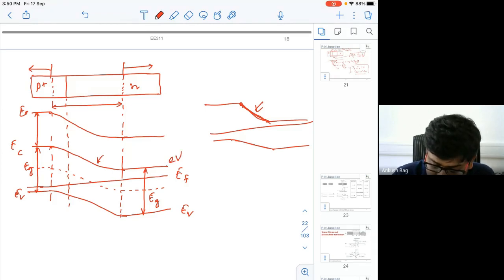Here our electric field has a constant slope from Poisson's equation.